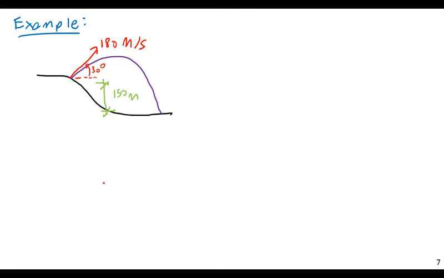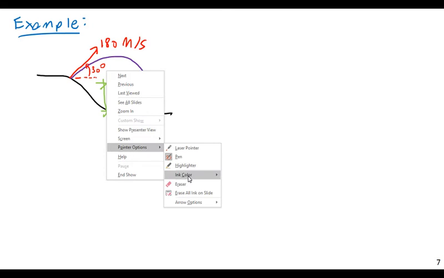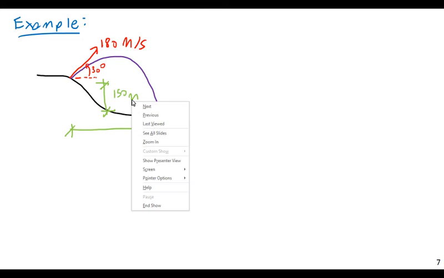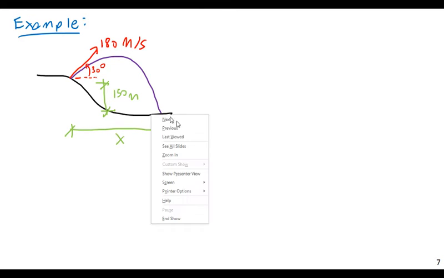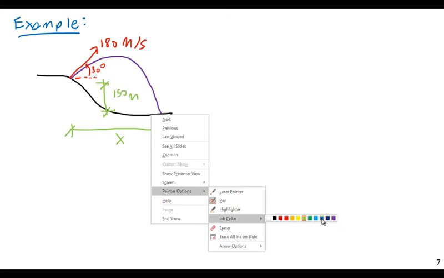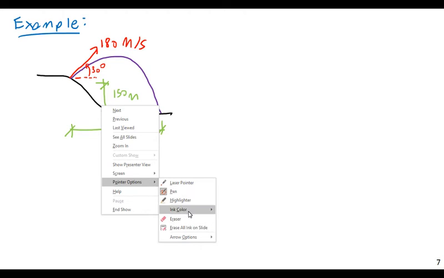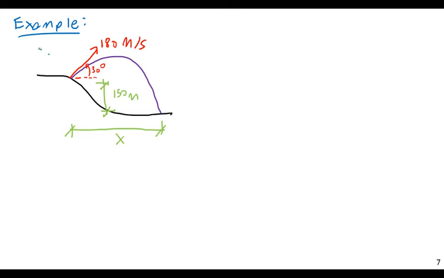We're going to ignore air resistance, so all of this is given basically. And I want to find x and the max height. So this is going to be x. All of this is given.